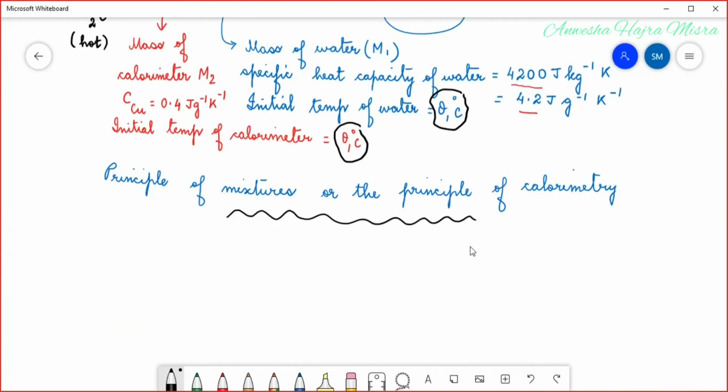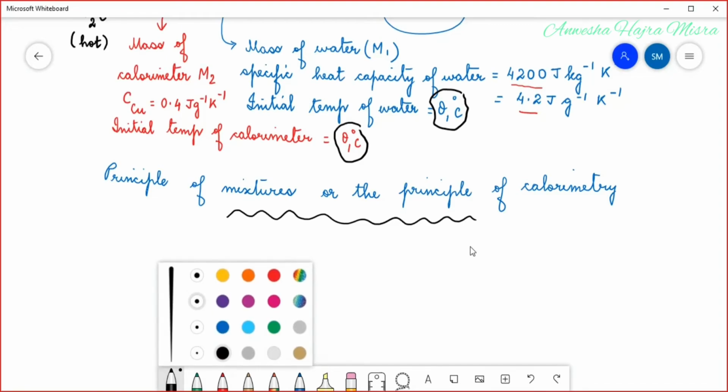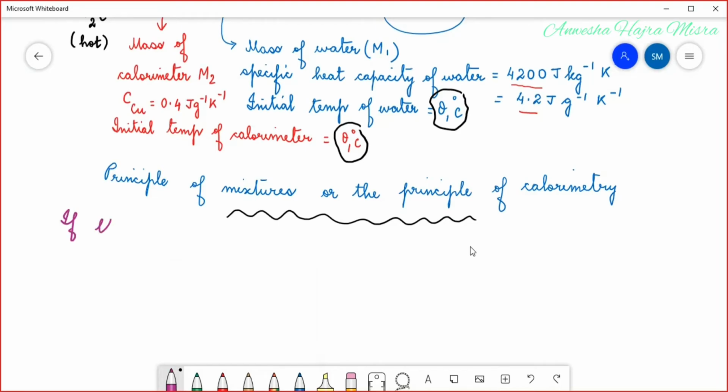The principle tells us that if the system is fully insulated, there is no loss of heat, then heat lost by the body, which was hot, the body will lose heat.